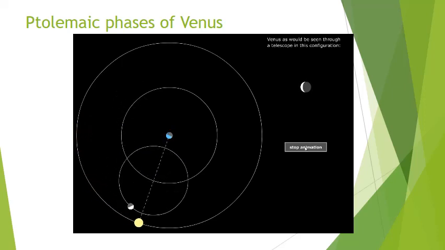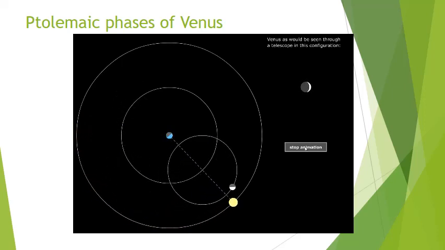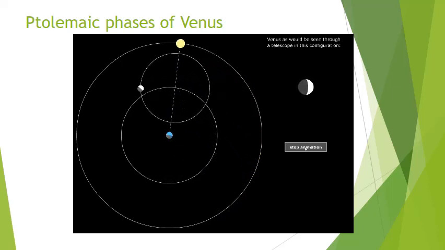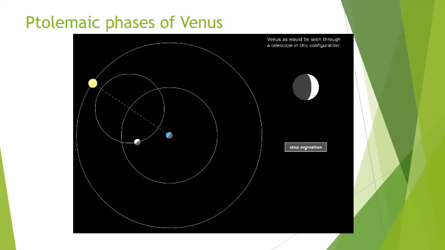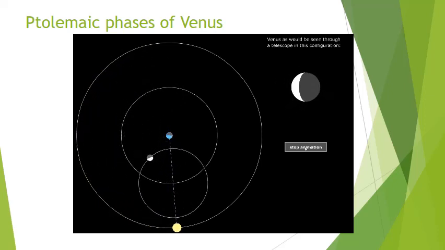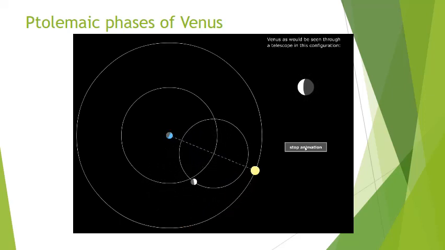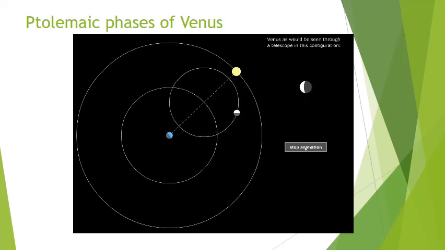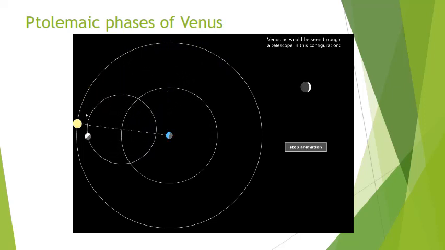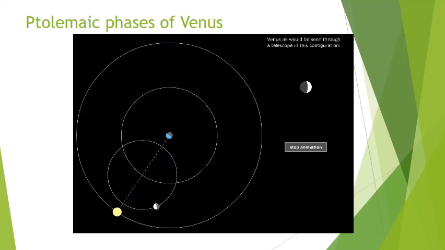You know enough about moon phases at this point. Watch how much of Venus gets lit up using this geometry. At most, it is a crescent. It never even gets to being a full quarter Venus. It is either new Venus, crescent Venus, and nothing else. There are no gibbous Venuses. There's no full Venus when it comes to Ptolemy's geometry and epicycles.